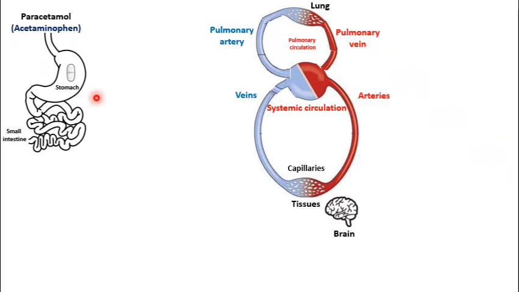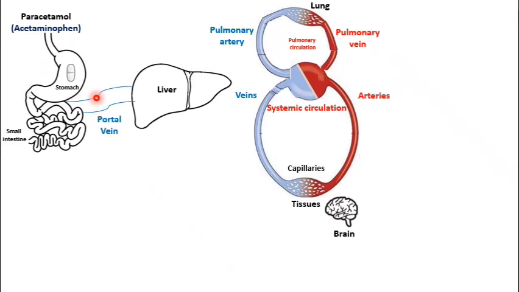So the veins that carry the blood from the GIT must carry this blood again to the heart. But this is not the case here. This vein that comes out of the GIT carries the blood to the liver, not to the heart. And this vein is called the portal vein.